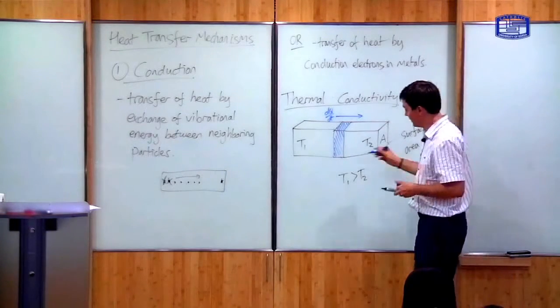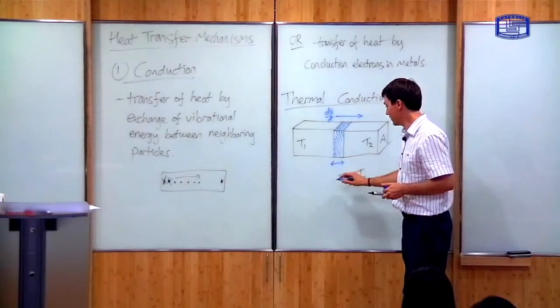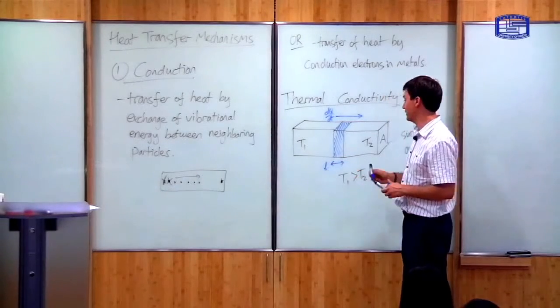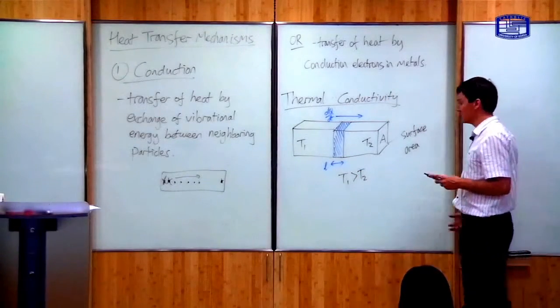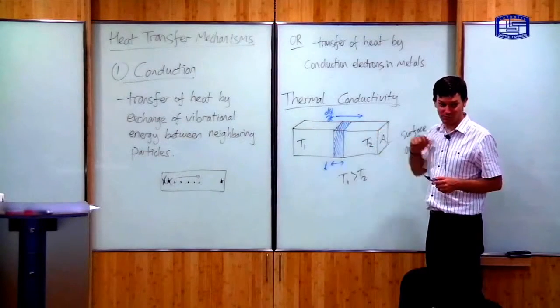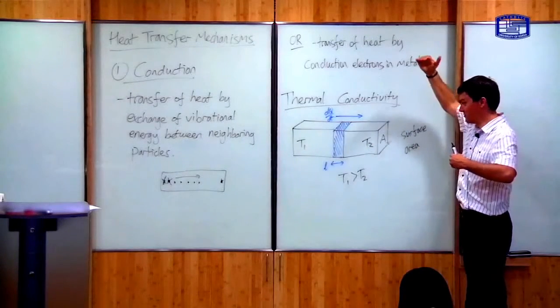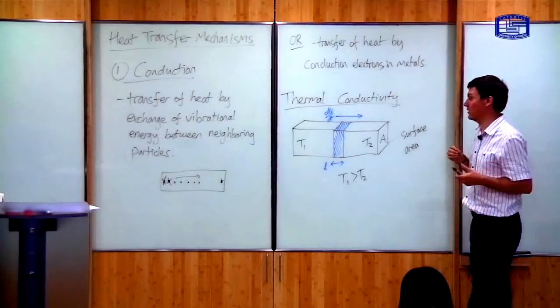And it depends upon the length of the conductor here, which I'll call L. And clearly it depends upon the difference in temperature between the reservoirs. If I have a bigger difference in temperature, I will get more heat flow.